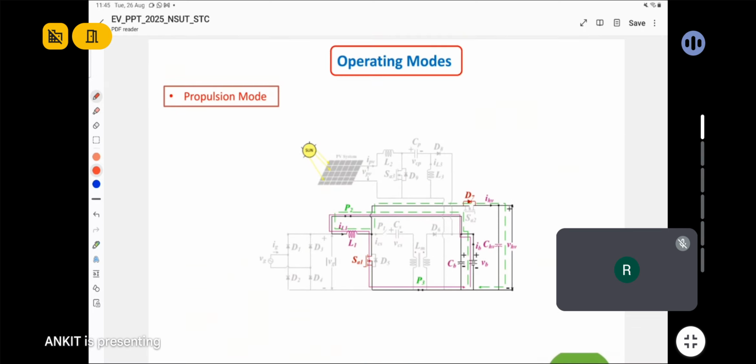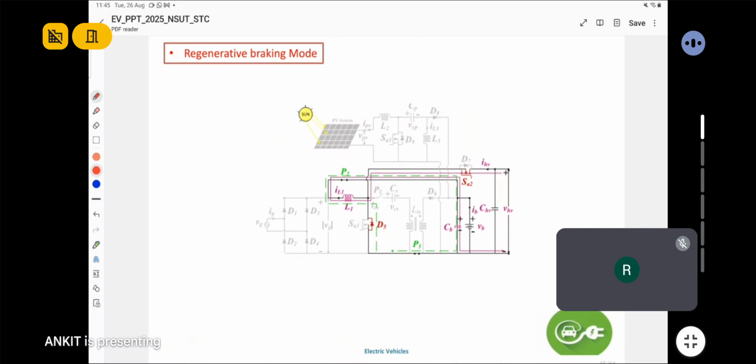In propulsion mode, one interesting thing is that the battery is used to supply power to the load through boost operation. And boost operation we prefer in the system because it has lower stress on the passive components as well as on the semiconductor devices compared to the SEPIC operation.